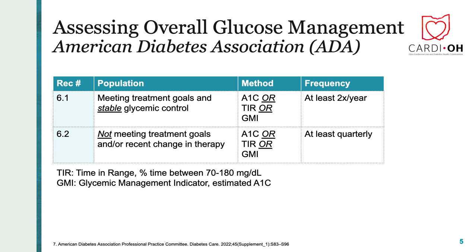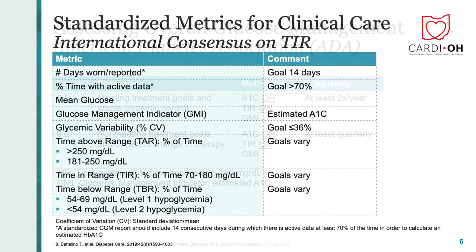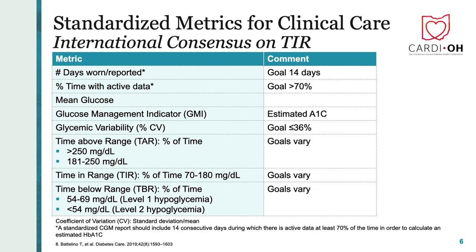Any one of these metrics can be used to assess glycemic control, and the frequency of assessment depends upon how close the individual is to meeting their treatment goals. And these are the more detailed metrics that you will find on a standardized report. In particular, it's important to understand how long the device was in wear and what percentage of time the patient had active data.